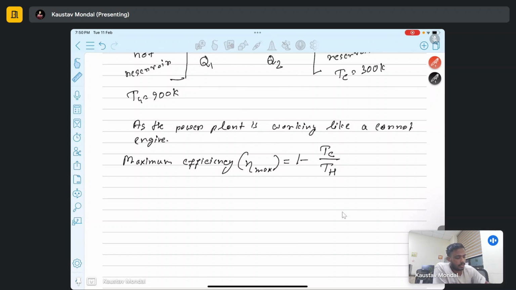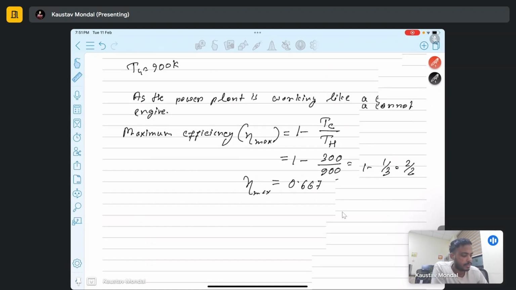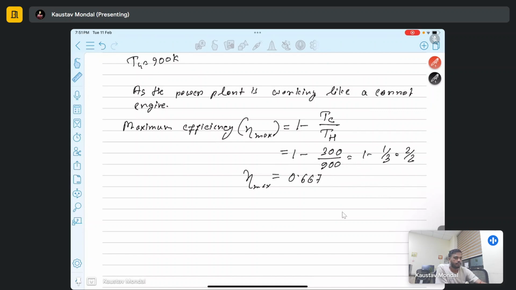For this case, 1 minus 300 by 900, so 1 minus 1 by 3, that gives you 2 by 3, so eta max will be 0.667. This is the maximum efficiency. Okay, so we got the maximum efficiency.